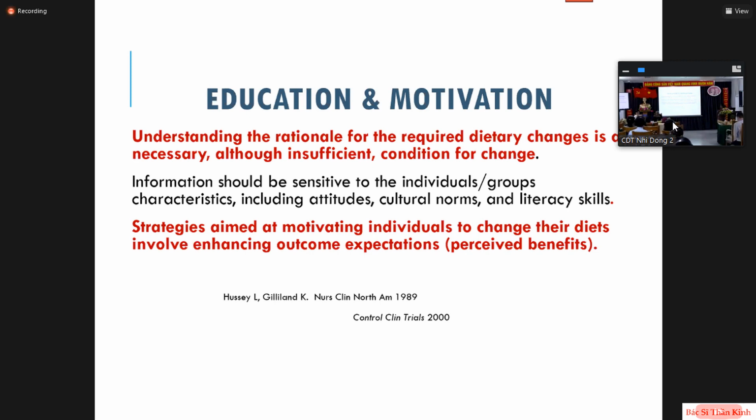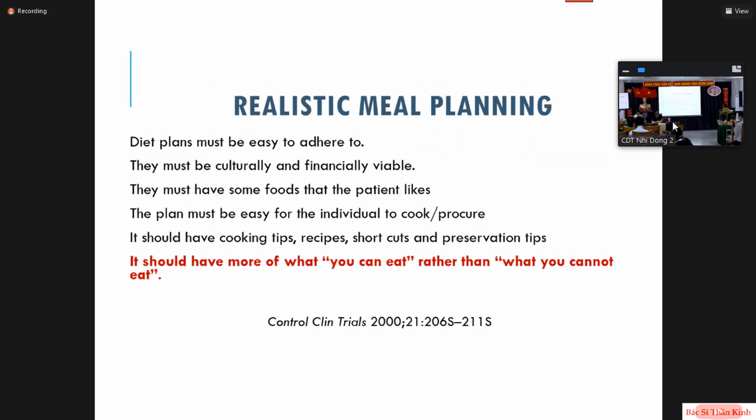And there should also be strategies that aim at motivating individuals to change their diet, because that would involve enhancing outcome expectations. I don't say that we should tell them about unrealistic outcomes, but you have to tell them what we expect, what the perceived benefits are from the dietary change that we are asking them to do. So the meal planning should be very realistic. The diet plan that we give should be easy to adhere to.